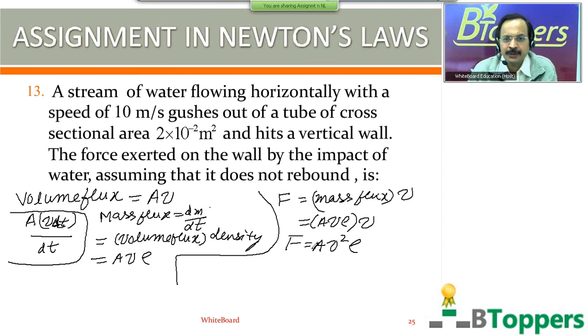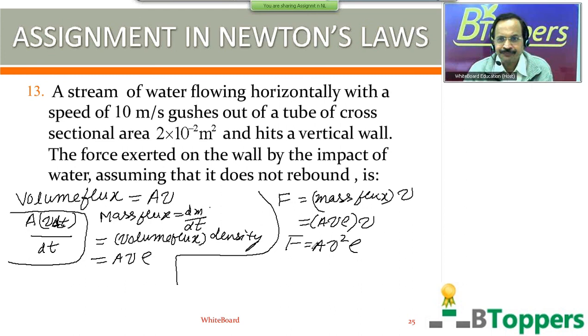So therefore F equal to A v square rho gives you the magnitude of the force exerted by the water ejecting out of the pipe. So if this water falls on the wall and does not rebound, that means the final velocity of any elementary mass of the water after striking the wall becomes zero.